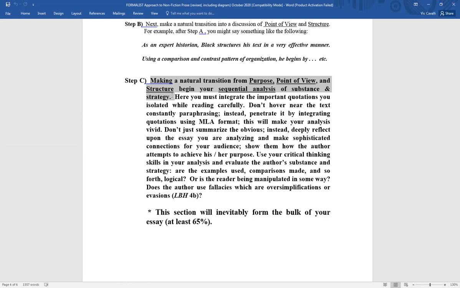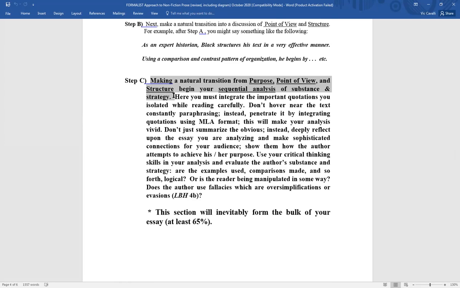You move in a sequential analysis of substance and strategy. The author is presenting the material in that order for a reason. The author, Hillary Rosen, wants to first give you her first image for a strategic reason. The second information she gives you is for a strategic reason. The third for a strategic reason.